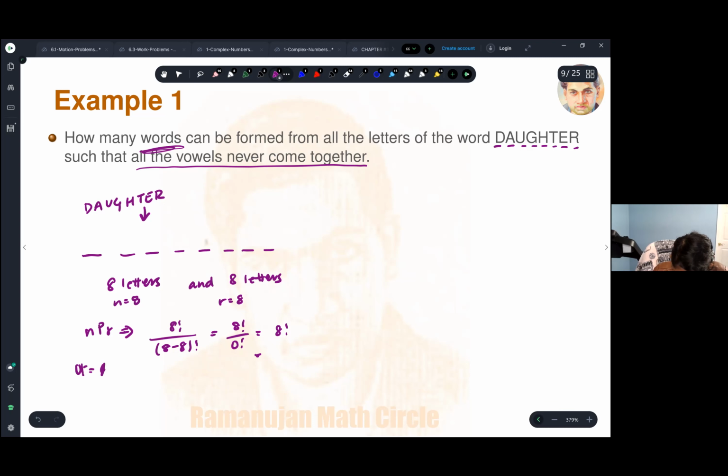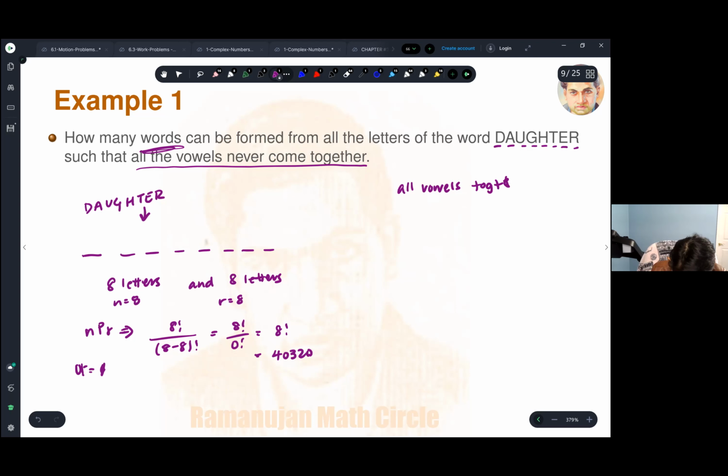If you calculate 8 factorial, that would be 40,320. So that's our total. Now we have to find the possibilities that all vowels never come together. First, all vowels together, and here is where I'll show you a sort of trick.